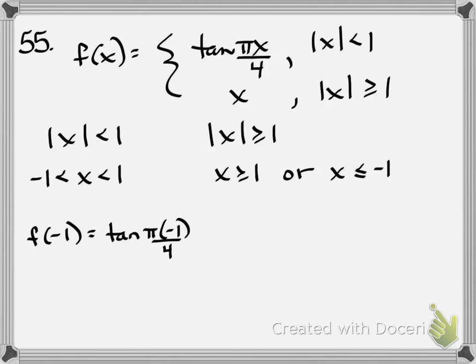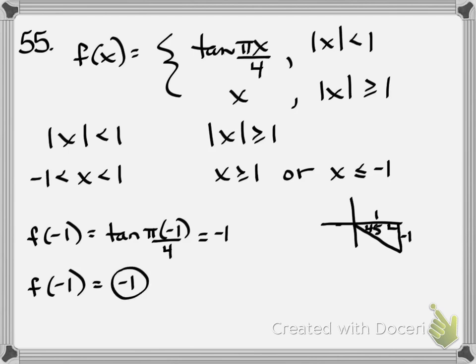Well, actually, I don't want to get my calculator out, but -pi/4 would be here. Pi/4 is 45 degrees, so it's a 45, 45, 90. And that's -1 because it's below. So the tangent would be -1. And if you plug -1 in the bottom function, you would get -1. So these agree.